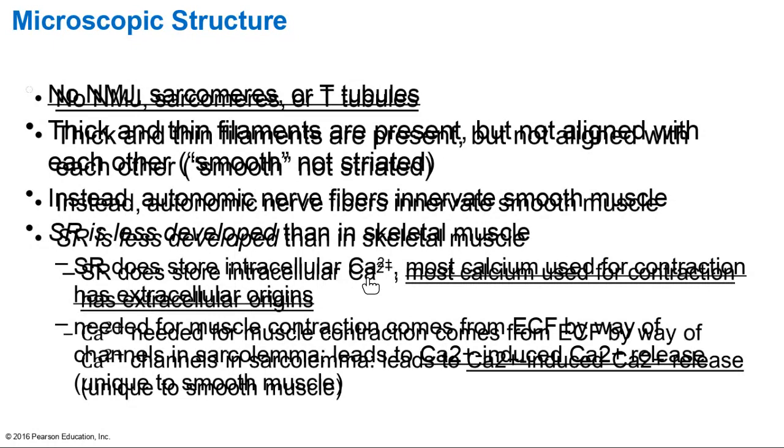It stores calcium, and you will see calcium release coming from the sarcoplasmic reticulum, like you saw in skeletal muscle. But a very important point here that you should know: smooth muscle is really unique compared to cardiac and skeletal muscle when it comes to contraction, because contraction is based on a phenomenon known as calcium-induced calcium release.